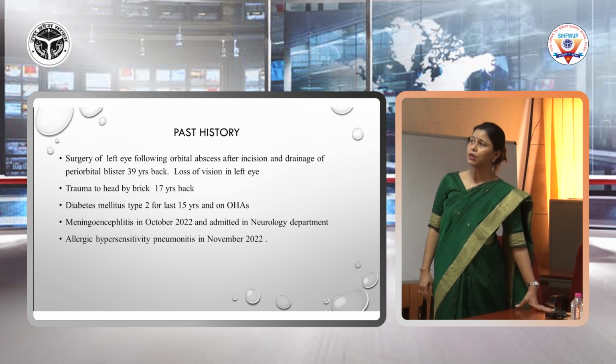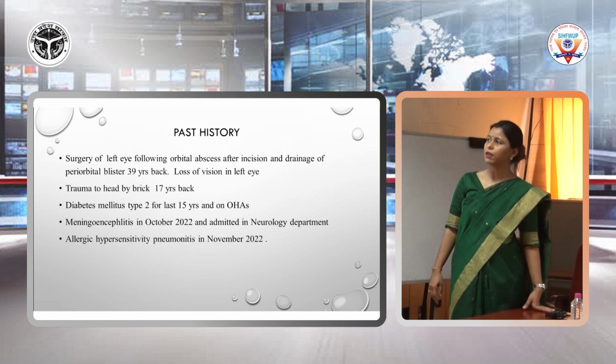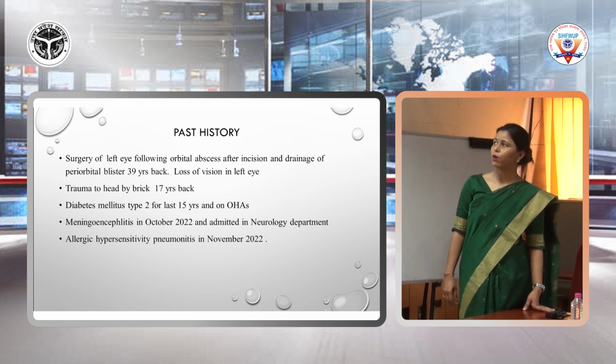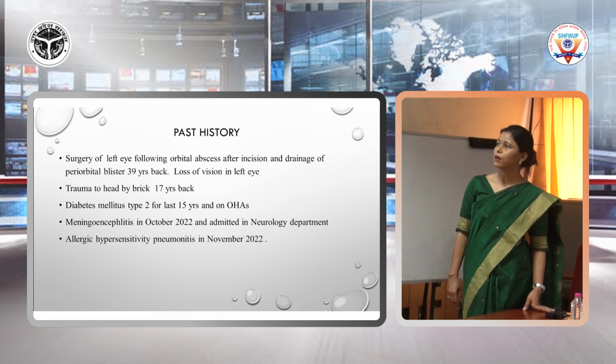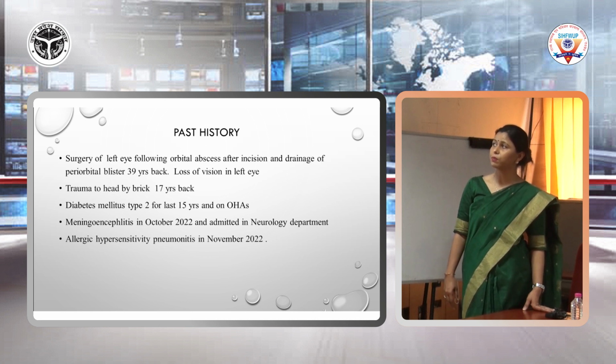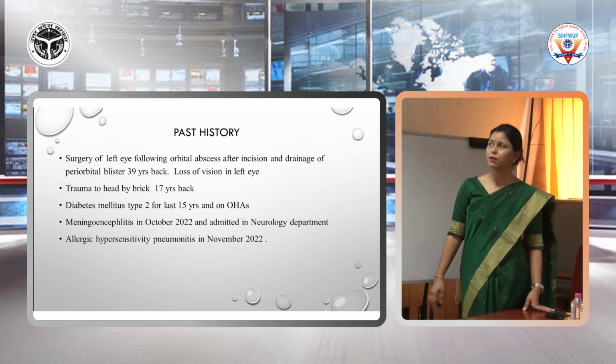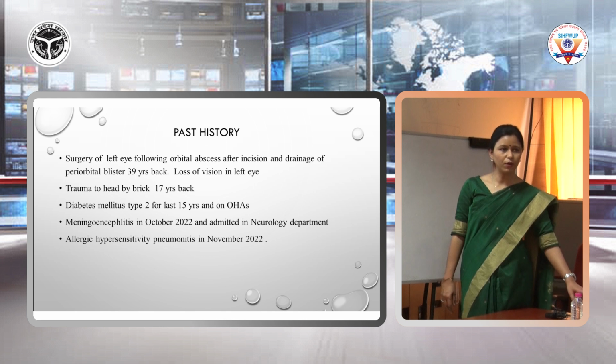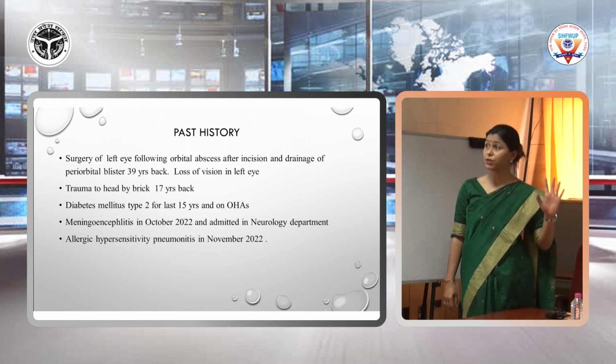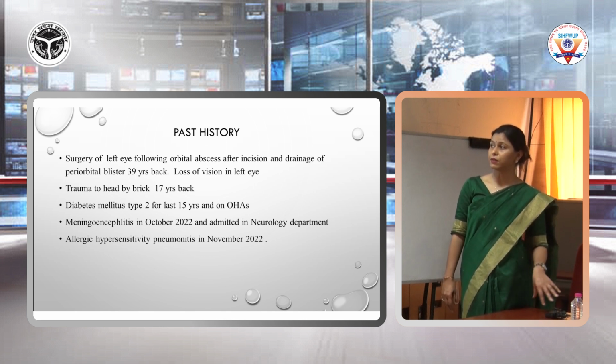In the past history, the patient had a history of left eye surgery following orbital abscess and periorbital blisters 39 years back, and there was loss of vision in the left eye. Then trauma to the head by a brick 17 years back, so it didn't look traumatic. That is a long history. He also had diabetes mellitus type 2.